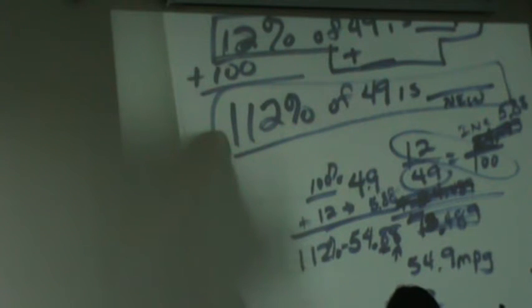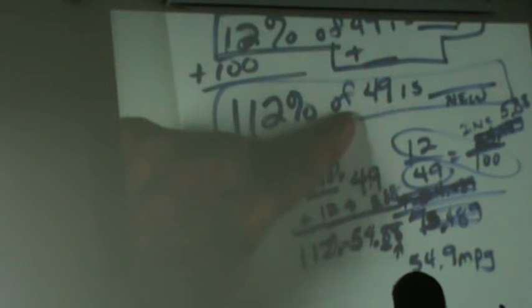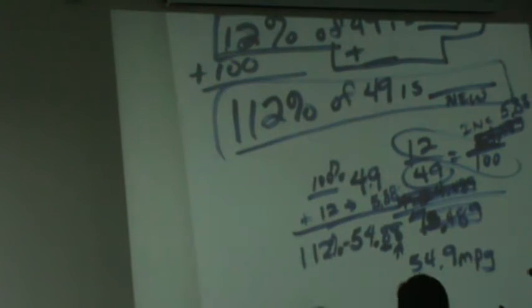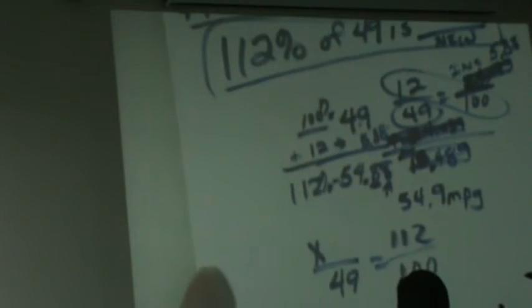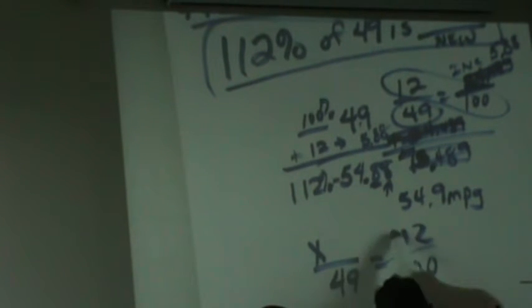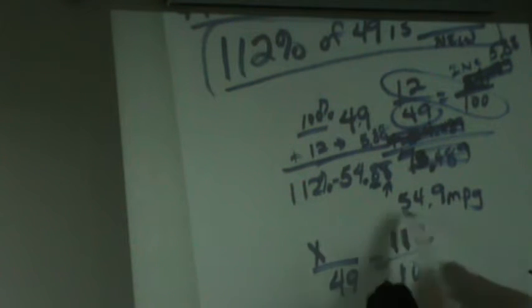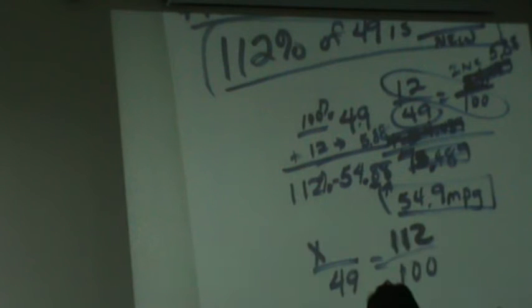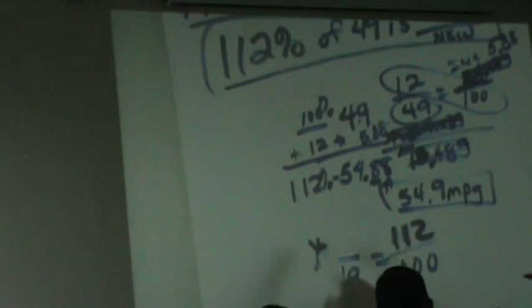112% of our 49 miles per gallon. And what do you get when you multiply that? 112 times 49 divided by 100. Do you get 54.88? Yep. And then you round it.